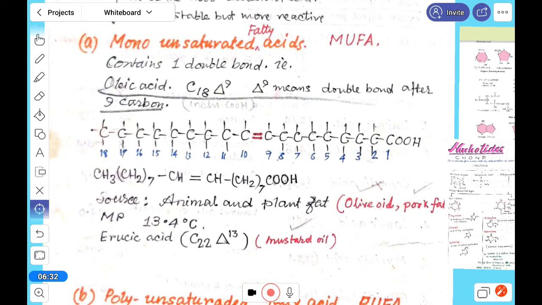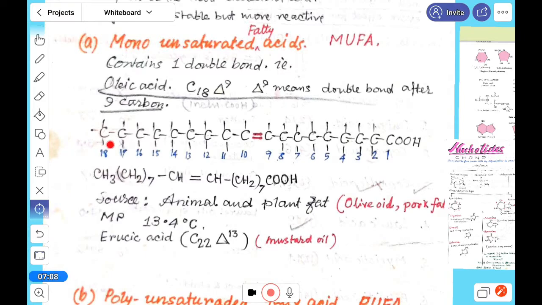So first, MUFA, monounsaturated fatty acid. It means only one double bond will be there. Suppose oleic acid, the writing pattern is like this. Oleic acid is C18, so the carbon count is 18, including the carbon of the carboxyl group, and just after 9 there will be a double bond.